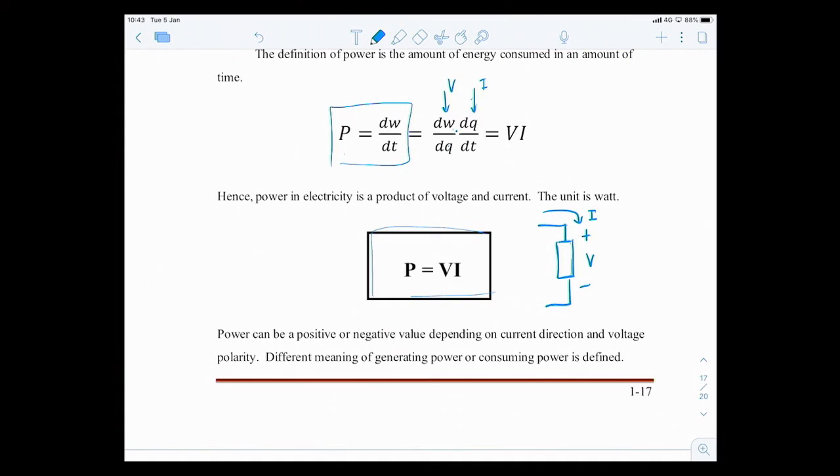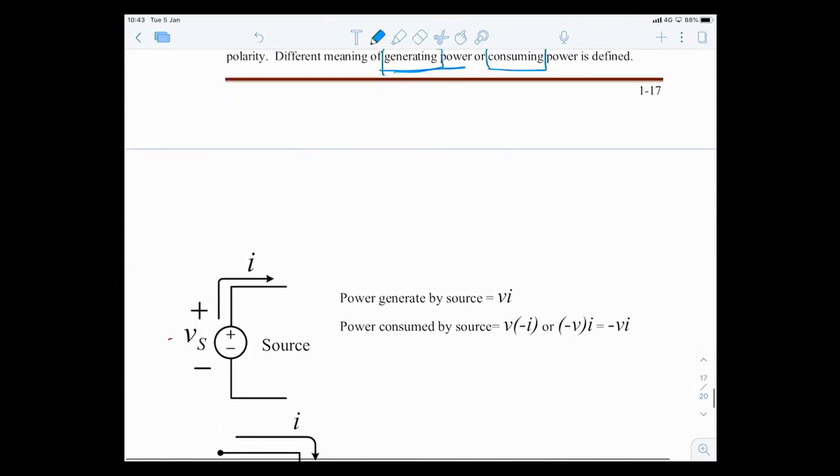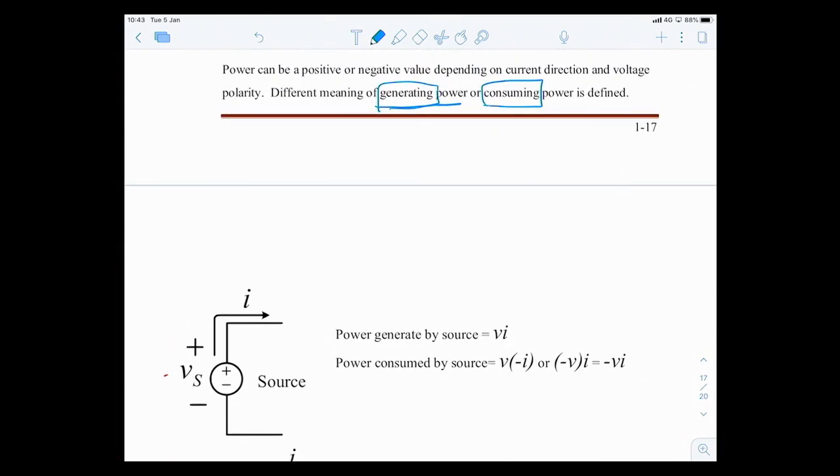Now, for power, we can say whether we are generating power or consuming power. The way we define this is like this: you look at the direction of current flow. For example, you have this source and circuits, with current flowing out of the positive terminal of the source, Vs. You want to find the power for this voltage source.